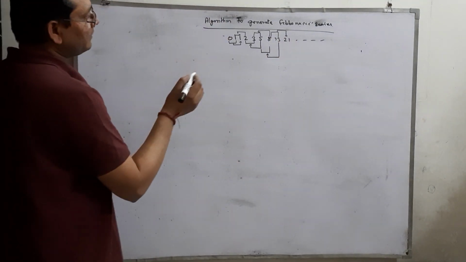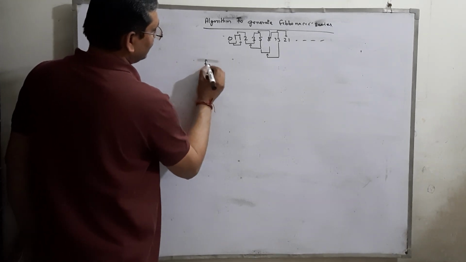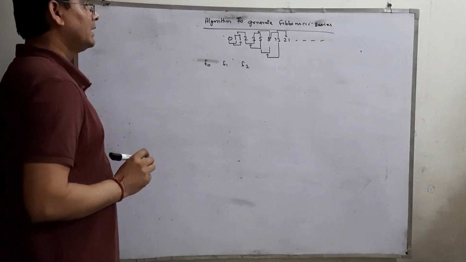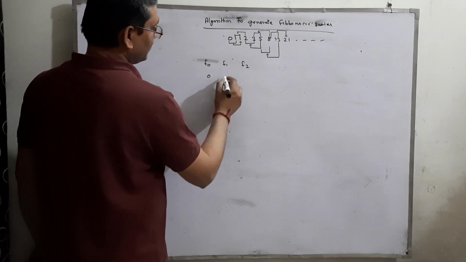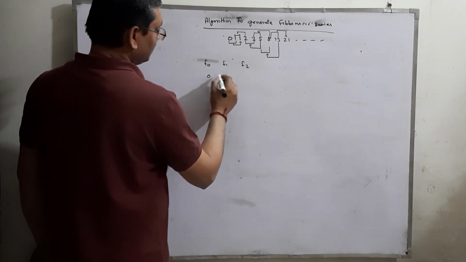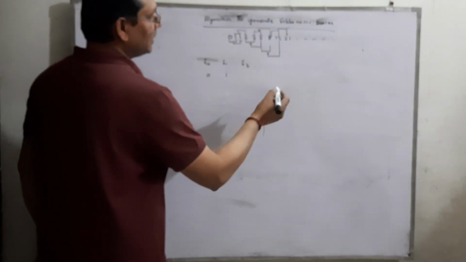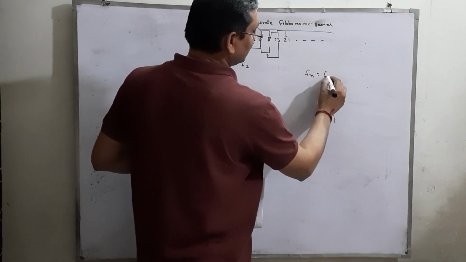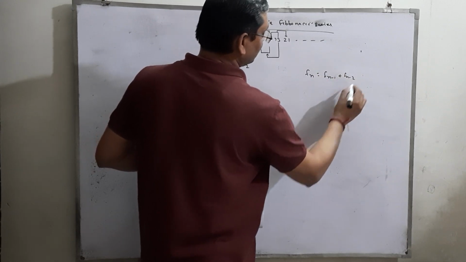It means there are three variables. Let them be Fibonacci 0, Fibonacci 1, and Fibonacci 2. At the initial stage, we have F0 is 0 and F1 is 1. Then what is F2? Fn is equal to Fn minus 1 plus Fn minus 2.